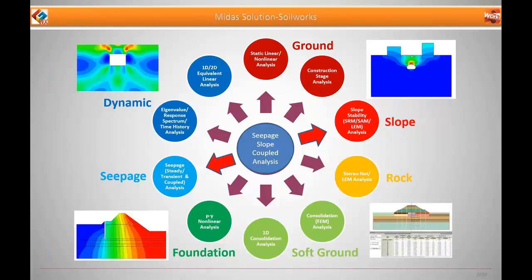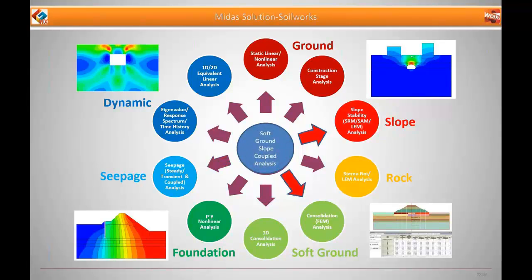Then we perform the analysis considering the pore pressure variation in the whole embankment. Thus you can consider the pore pressure in both LEM and SRM, and study its effect on slope stability, which becomes very important whenever you are dealing with dams.